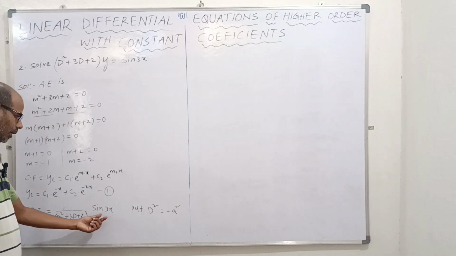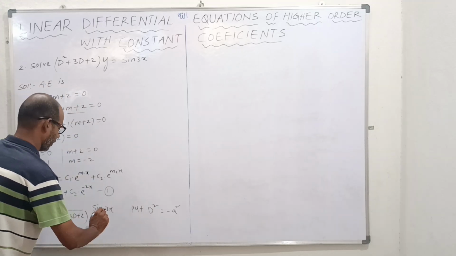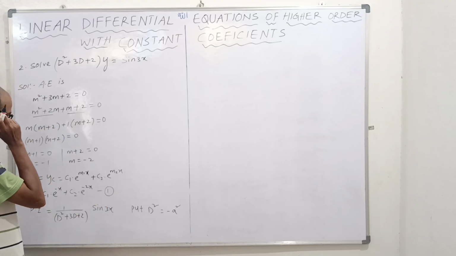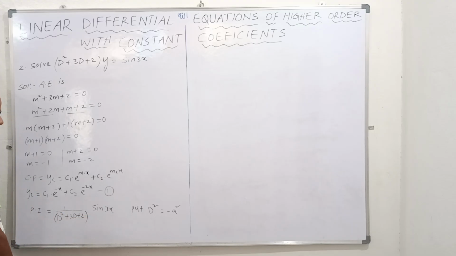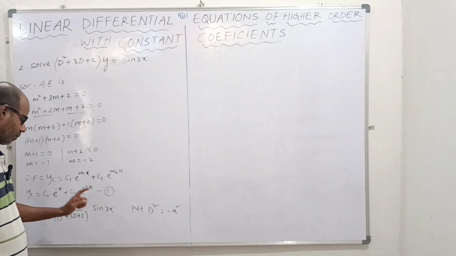Here we have D square. What is a square? It comes from sine ax, so a is 3. Here a is the coefficient of x in the sine function.